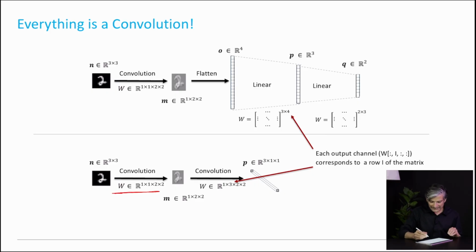Now in the second convolution, instead of this fully connected layer, we want to do a convolution with size 1 cross 3 cross 2 cross 2. This one we have no control over, because this is the number of input channels previously. As the size of output, we want to have the number of output neurons, right?